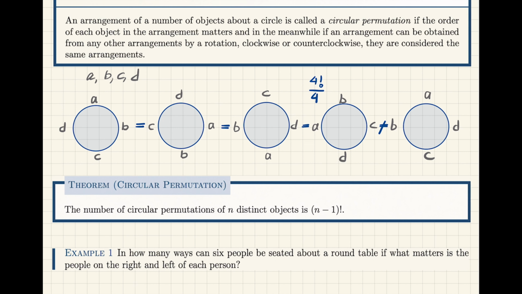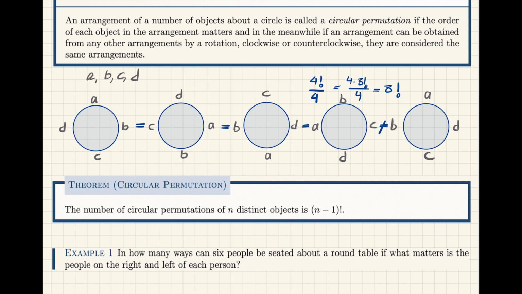So the total number of circular permutations is not 4 factorial, it is 4 factorial divided by 4. But I can write it as what? I can write it as 4 times 3 factorial divided by 4, and then 4 and 4 are gone. So you see that instead of having 4 factorial, I will have 3 factorial.